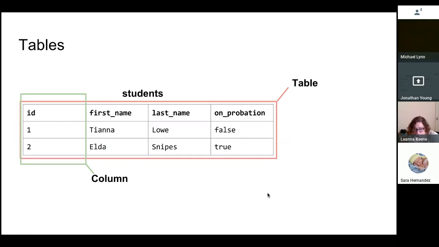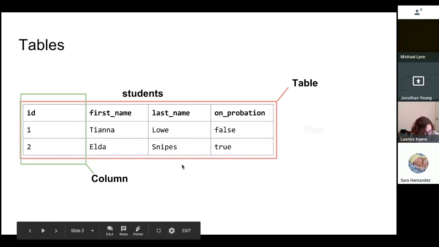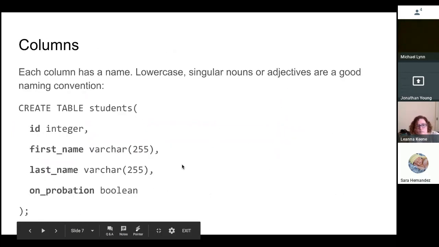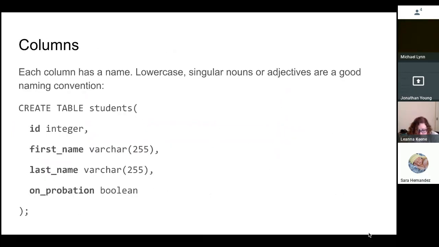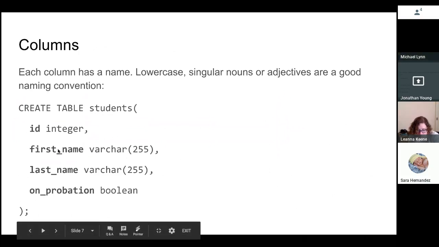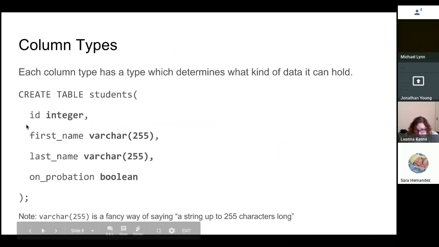It's the cell that you freeze on your Excel spreadsheets, so that when you scroll up and down, you can see like, oh, it's first name, birthday, email address or something like that. So columns are basically just what contents are going to be going in here: first name, last name, on probation, ID, things of that nature.